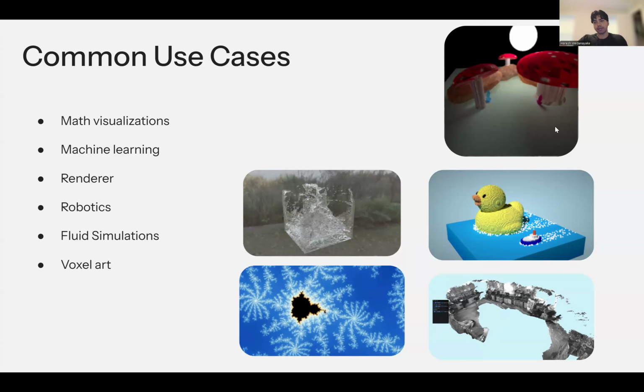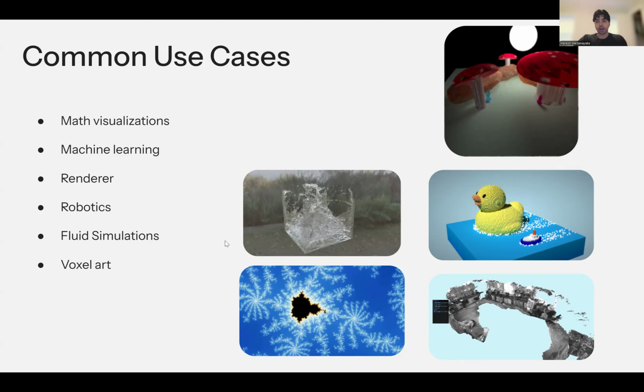In the top right, we can see it can be used in graphics rendering, and here we have a light source, so it's also implementing some ray tracing algorithm. It can also be used in robotics, and you can use it for things like SLAM and applications like that.